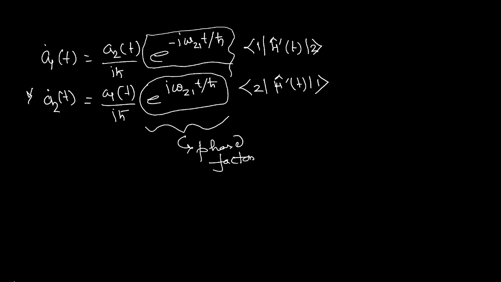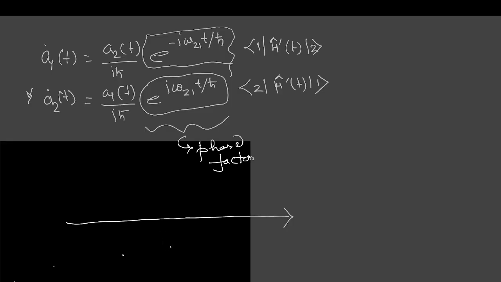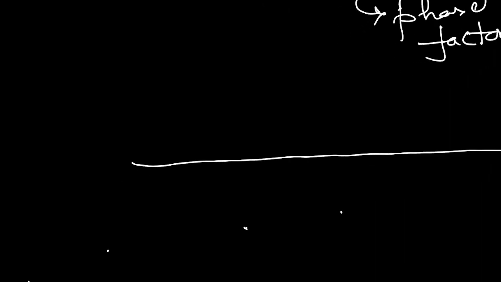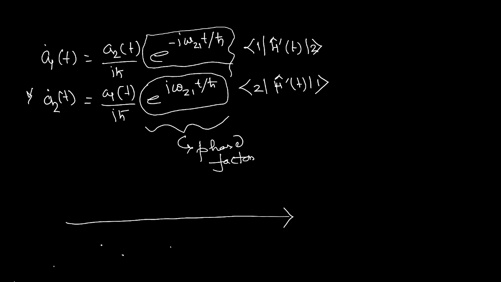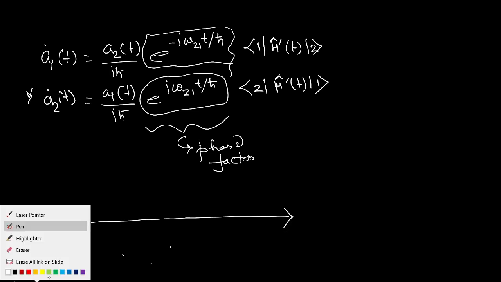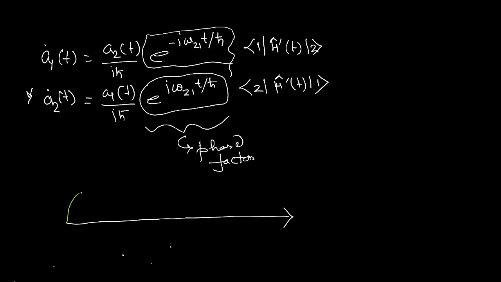So you can see these two, one is minus, one is plus, so both are kind of out of phase. If A1 oscillates like this, then A2 will oscillate like that.